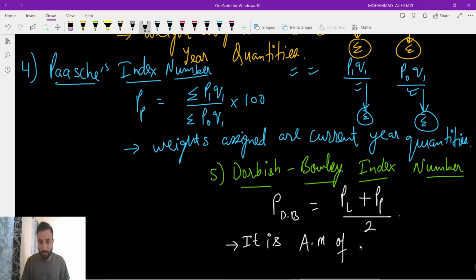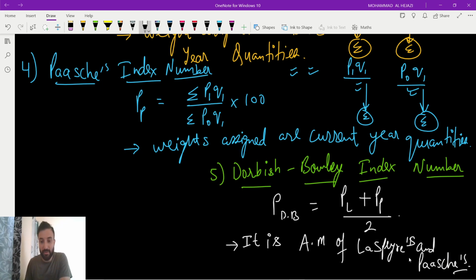Arithmetic mean of L, meaning Laspeyres, and Paasche. Okay, so these are the important things they will ask in the MCQ. The Dorbish-Bowley index number is the arithmetic mean of Laspeyres and Paasche.